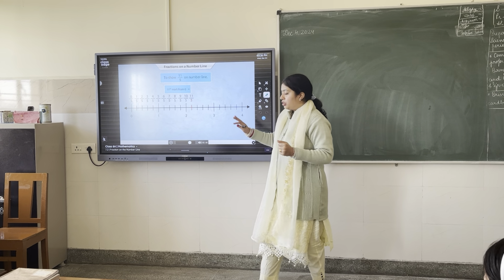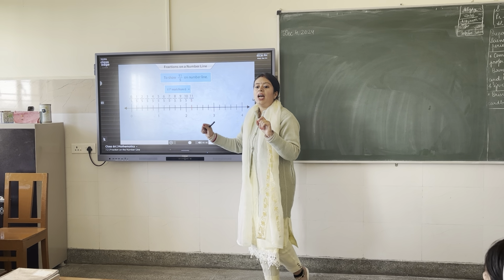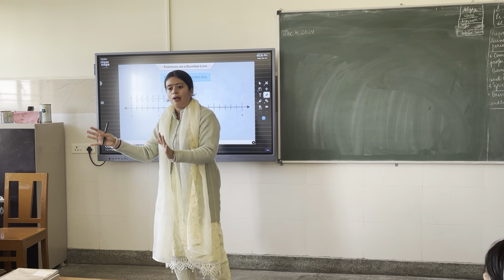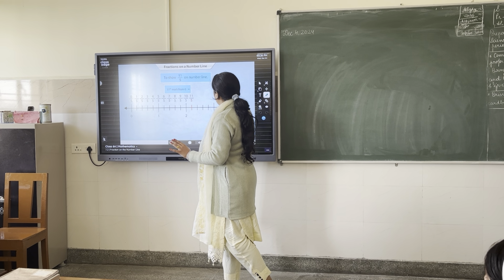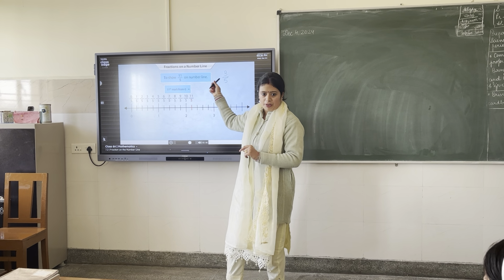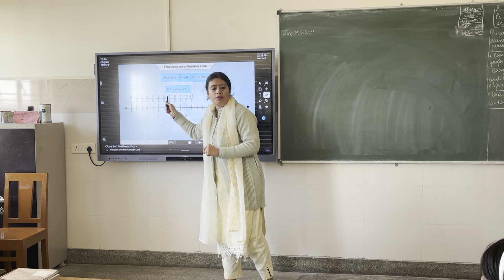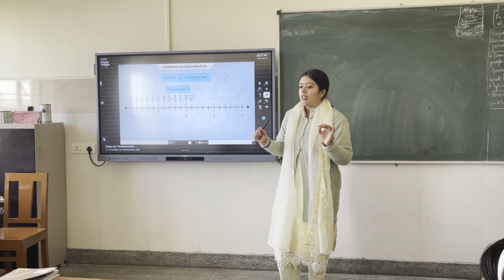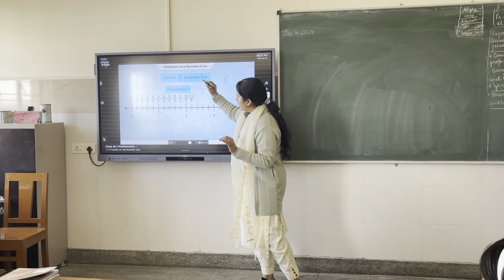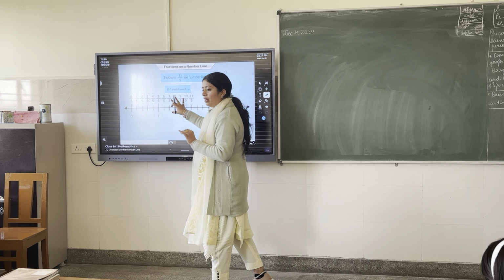And today we have learned one more topic, that is how to represent a fraction on a number line. First we did the example of 3 upon 5, a proper fraction, and then 11 upon 5, an improper fraction. So today we learned about representing proper and improper fractions on a number line.